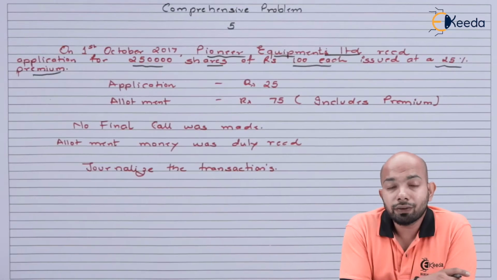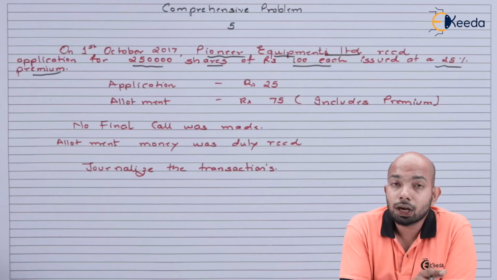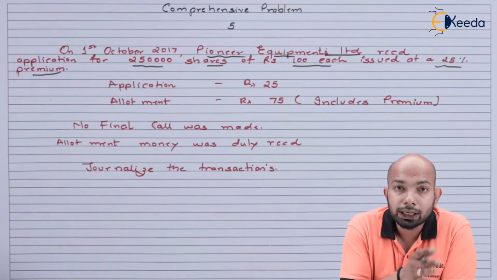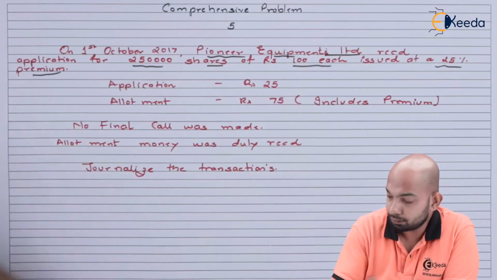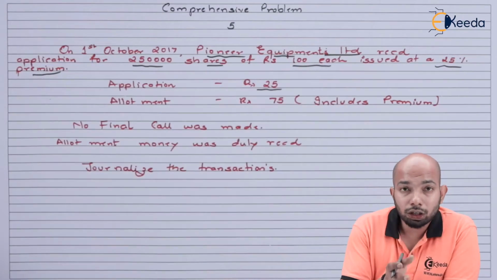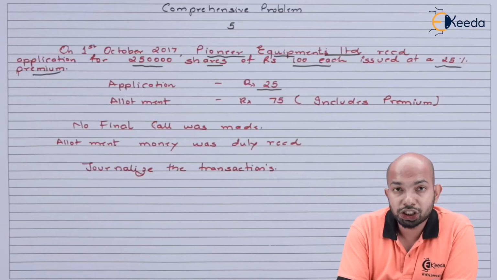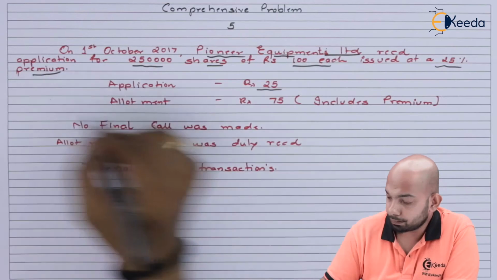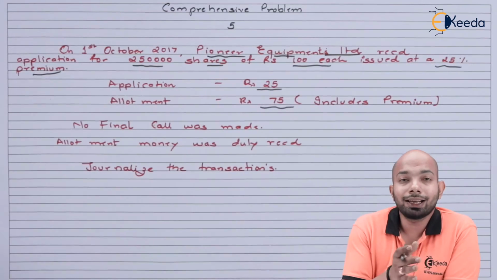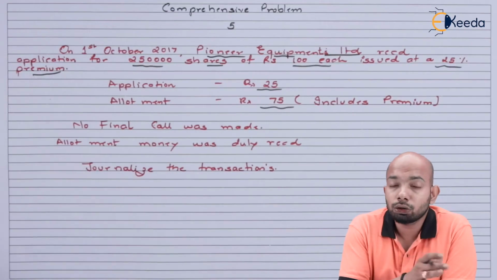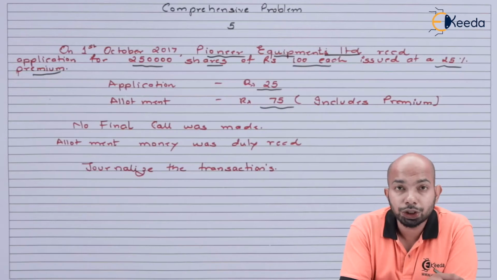The application amount was 25 per share. Allotment money was 75 per share, which includes the premium as well. And the balance is on the final call. However, the final call was not made, as mentioned in the question.